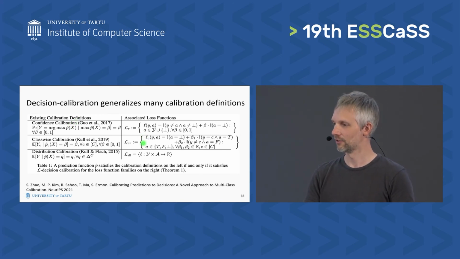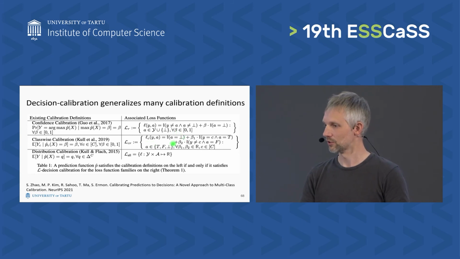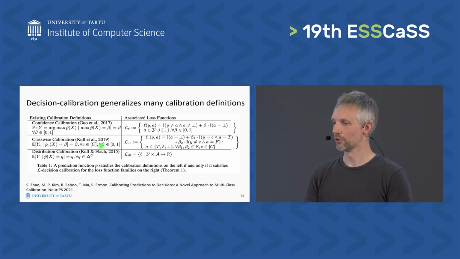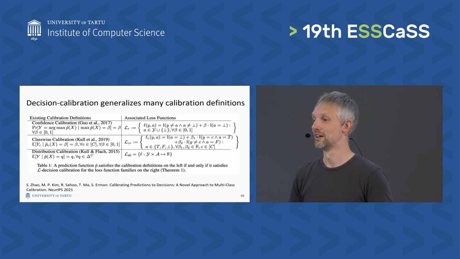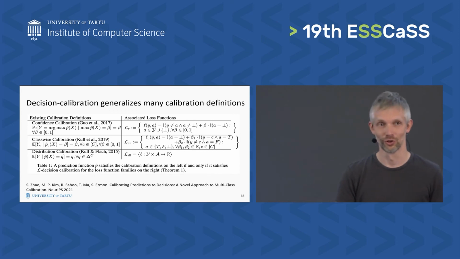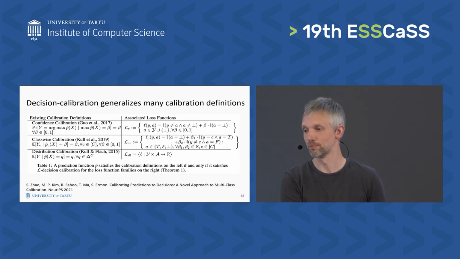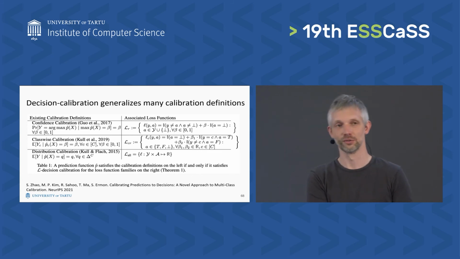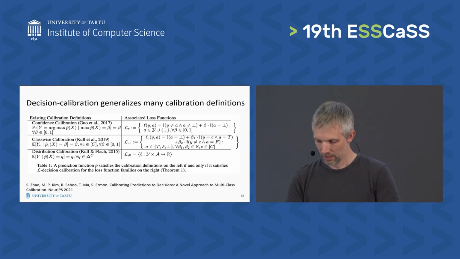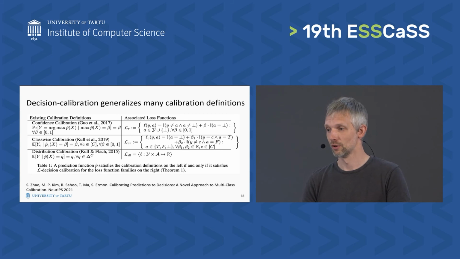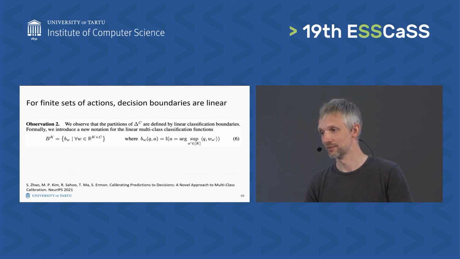Then you could have another set of actions for any particular class: you say yes, it's that class, or no, it's not that class, or I abstain, and that gives you class-wise calibration. Or you could consider all possible sets of actions, and that corresponds to the strongest notion, distribution calibration. So that's the new set of notions of decision calibration they came up with.